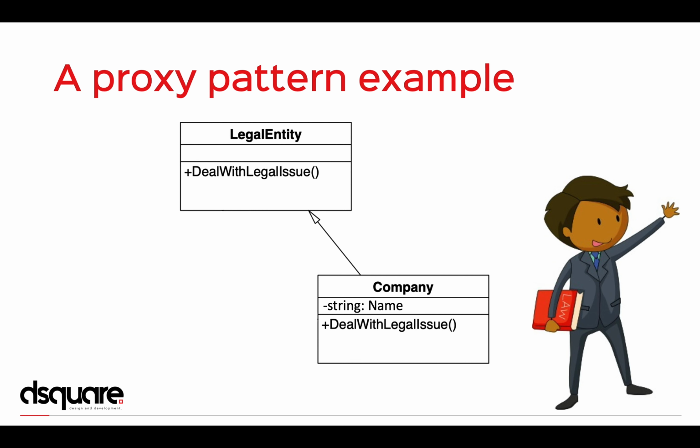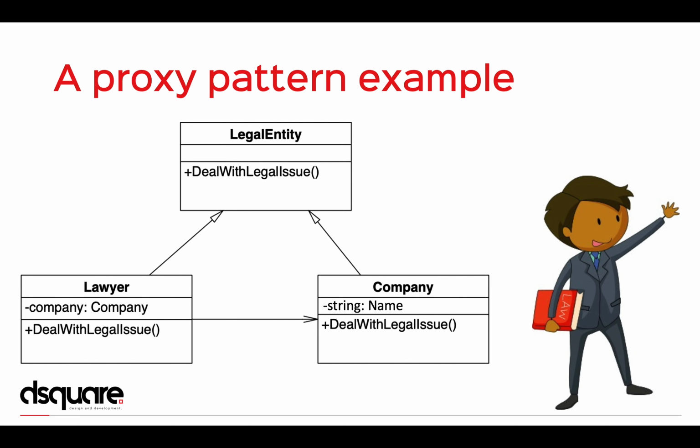But what happens in many instances? Companies or private persons might hire a third party to deal with its legal issues for it. In such a case, we would probably call that person a lawyer. So the lawyer would be appointed to act as a go-between for any legal issues that the company would have to deal with.